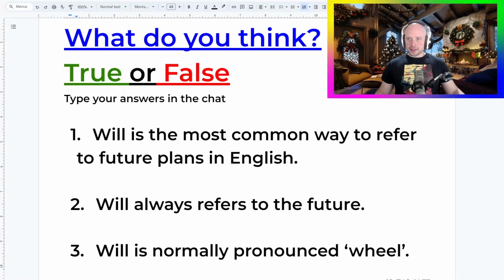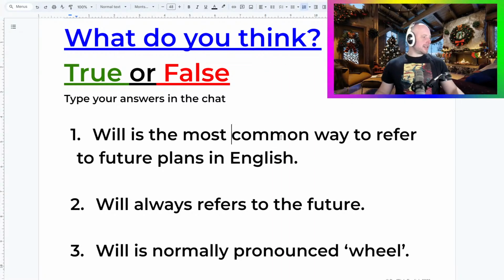And YouTube is complaining about my internet. I don't know why. Let me know if you experience any problems with this. Sleepwalker also says 1 and 2 are true and 3 is false. And Anawat says 1 and 2 are true and 3 is false. So everyone thinks that 1 and 2 are true.